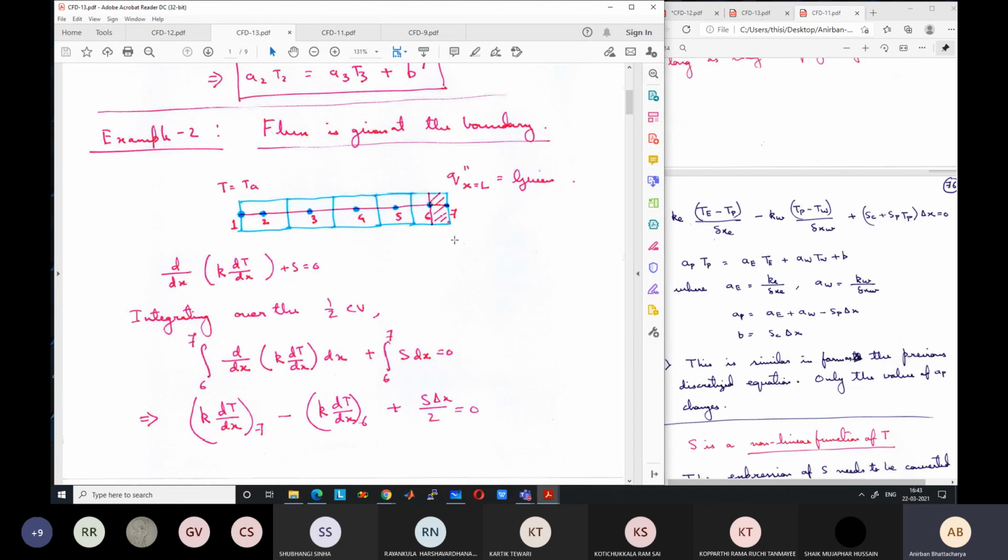K dT/dx at 6 we can calculate based on the linear interpolation that we already have done previously. We can write it in terms of T7 and T5, like we have done previously, or T7 and T6. What about K dT/dx at 7? There is no other point on the other side of 7. So how will we write K dT/dx at 7?